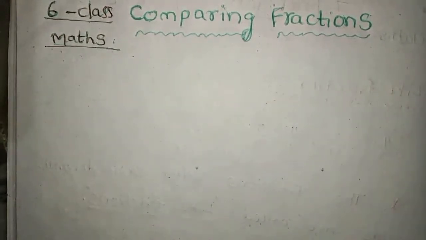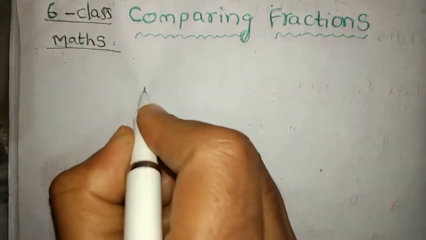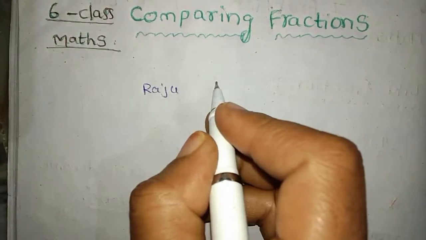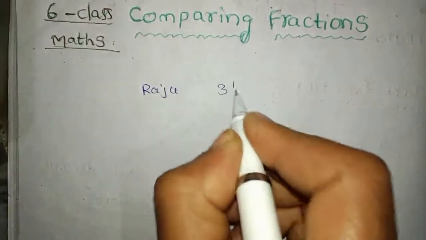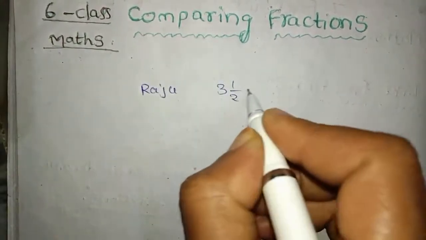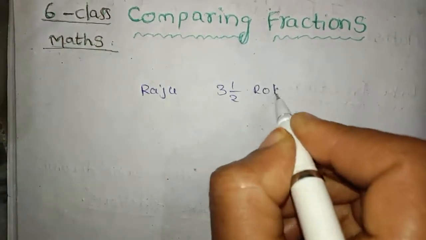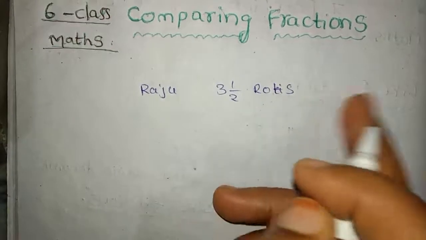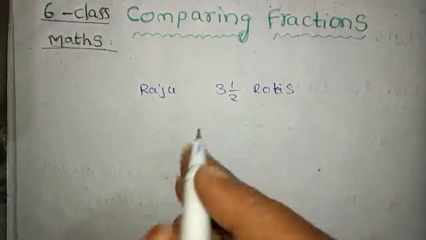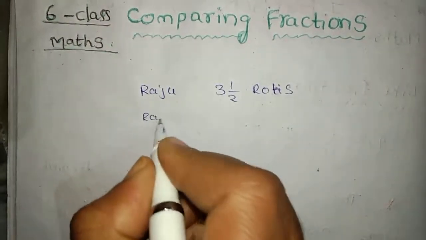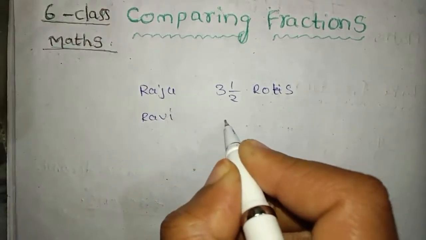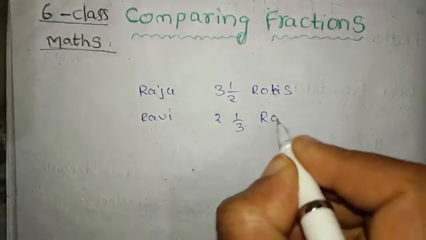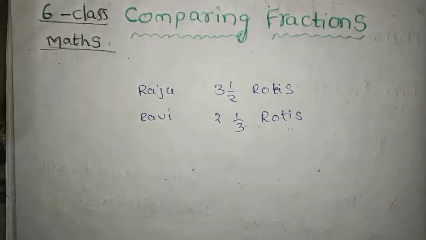Now for example, Raju has 3 1/2 rotis in his plate, and Ravi has 2 1/3 rotis in his plate.